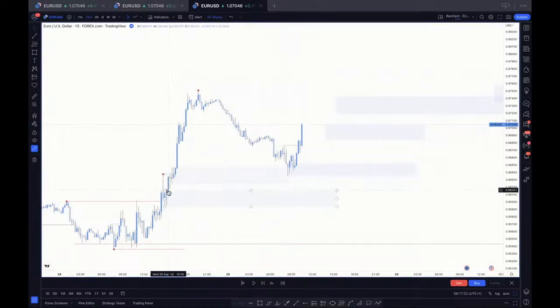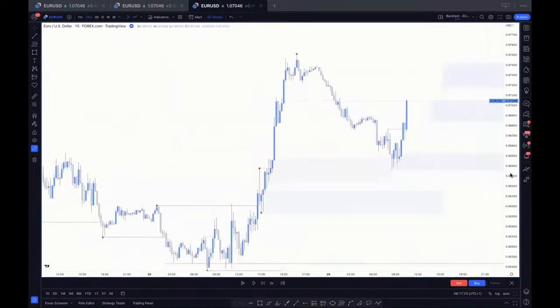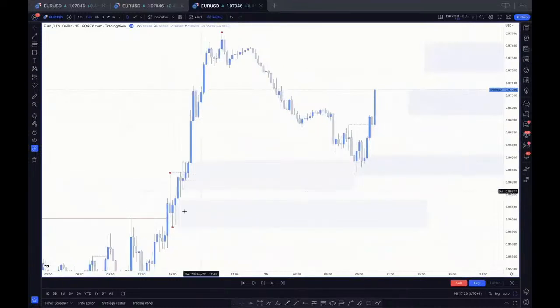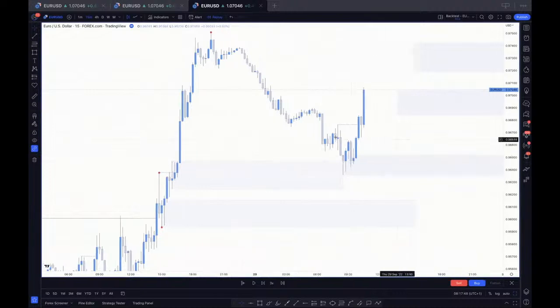There was a little pullback here, not too obvious, but you have to maybe zoom in to be able to see it. The market came in here, made this high, this candle took out the previous high, this candle took out the previous high, but from this candle, there was a little pullback, as you can see here, a little pullback before the upward continuation. So this move here is reacting to this zone here.